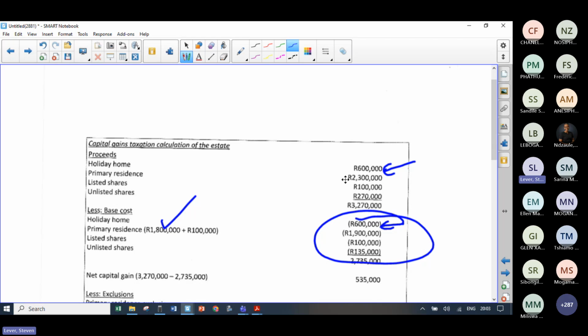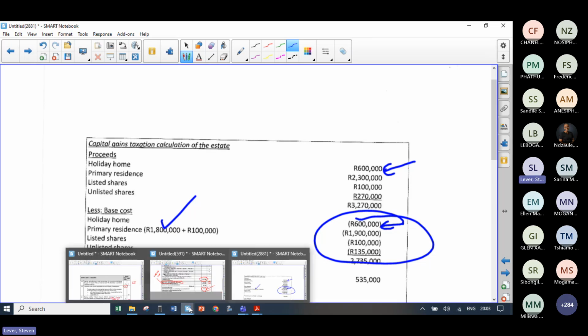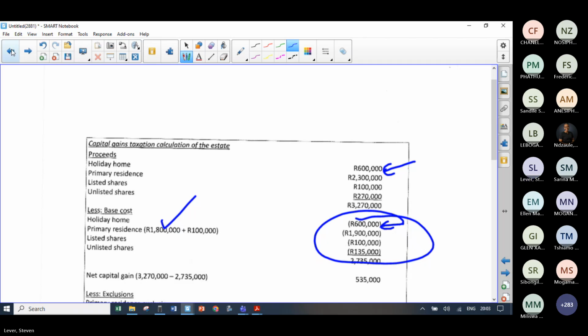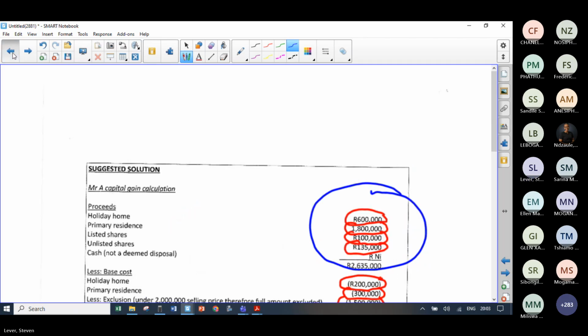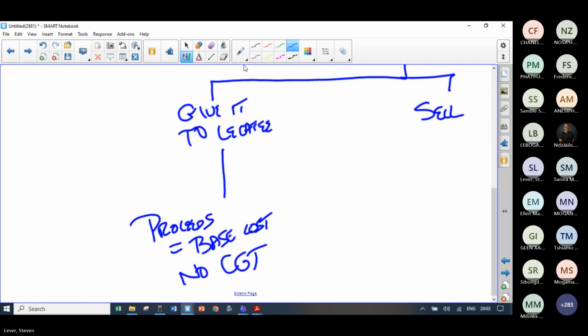He's given it. You don't show any capital gains or losses. So it doesn't matter what it's worth when you give it to the legatee. You show it at market value, date of death. There's no capital gain if it's given to someone. Whereas, guys, if it is sold, it's a normal CGT calc.